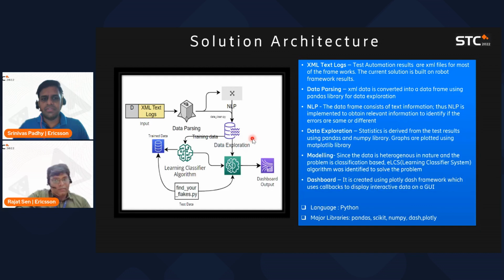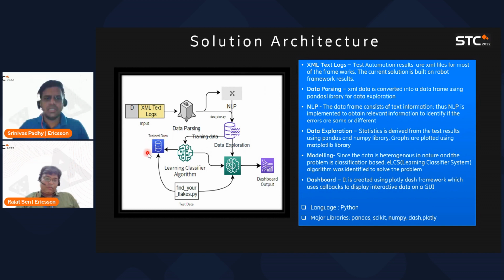After that, we have to explore that data to find various statistics around it, such as the number of transitions, the average pass time, fail time, and many other things. All those statistics will be derived through both of these, and after that we will provide it to train data.